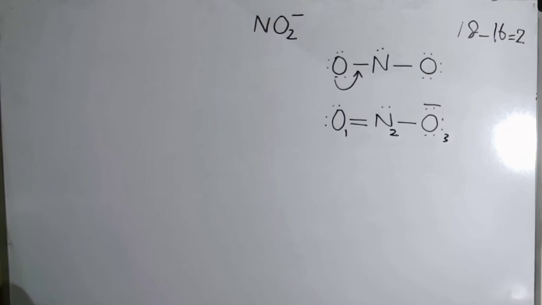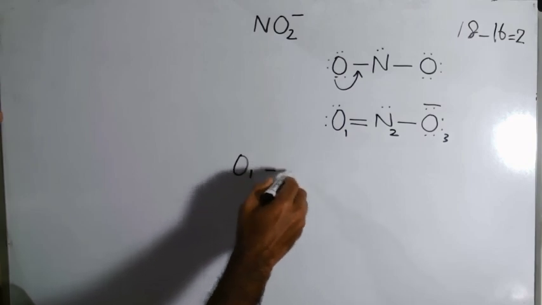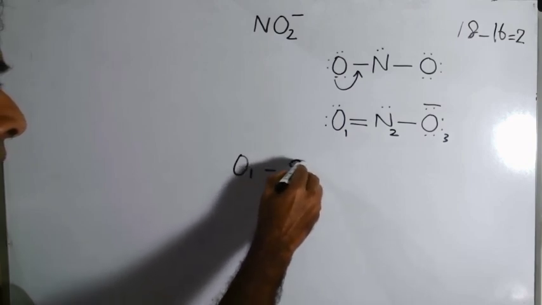Now we move on to the hybridization. When we come to oxygen number one, it has full lone pairs and one sigma bond. So it requires 3 hybridized orbitals. So O1 can get that hybridized using sp2.